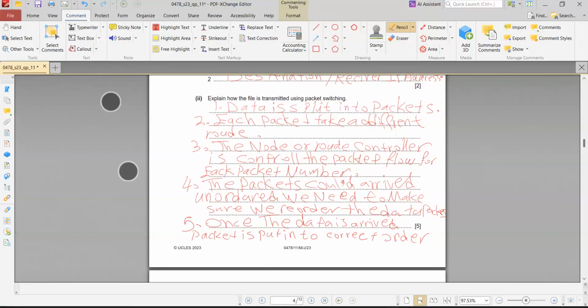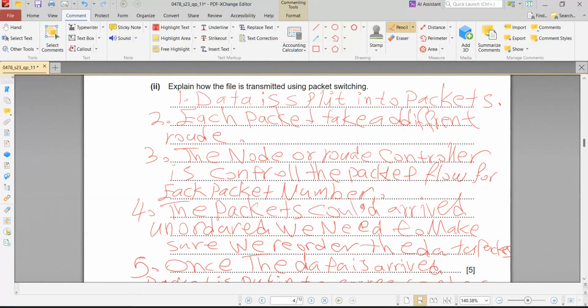So this is how the transmission happens. First, we split the data into packets, and then we let the route controller decide which way each of those packets must take, and we may sometimes find them reordered. If we number them one, two, three, and four, they might come as 4, 2, 3, and 1.